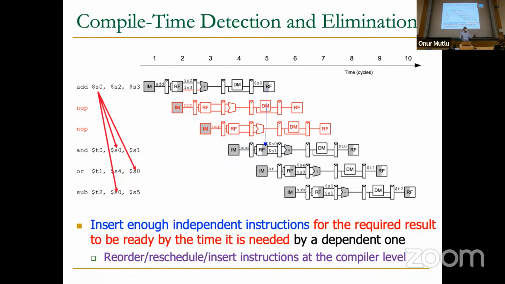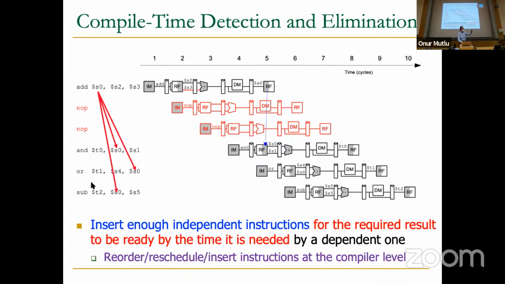I'm not saying no-ops over here, I'm just saying independent instructions. No-ops are clearly independent instructions because they have no dependency to earlier instructions or later instructions, but no-ops are not doing any work. What the compiler can do is reorder the instructions.